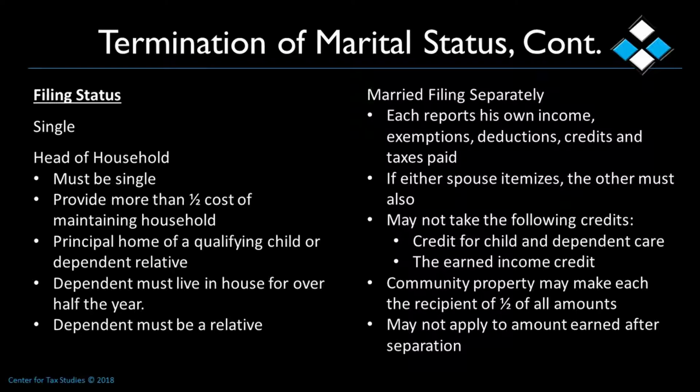And if you file as married filing separately, you cannot claim the credit for child and dependent care expenses or the earned income credit. Also, if you're in a community property state, you must report 1/2 of all the amounts that were earned by the community or the married couple.